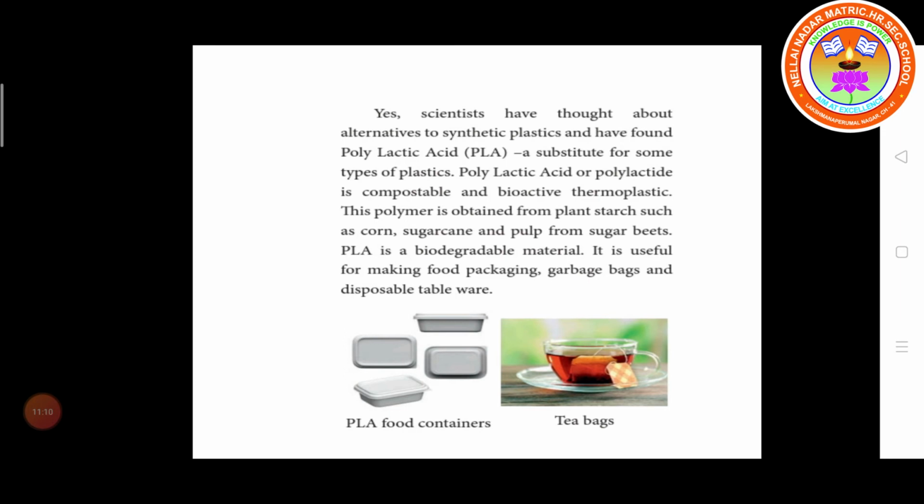That means it is easily degraded by soil. The polymer is obtained from plant starches such as corn, sugarcane, and pulp from sugar beets. So PLA is a biodegradable material. It is useful for making food packaging, garbage bags and disposable tableware.